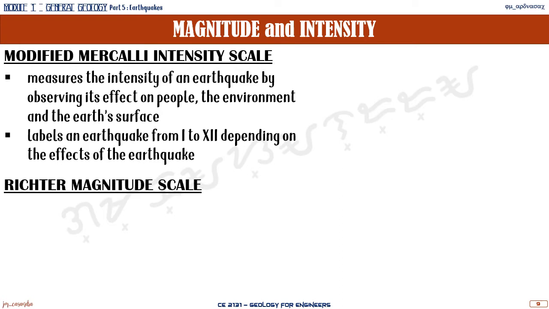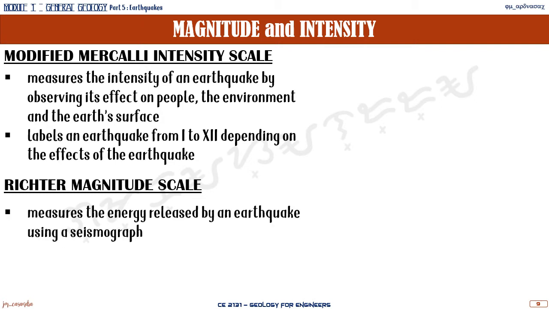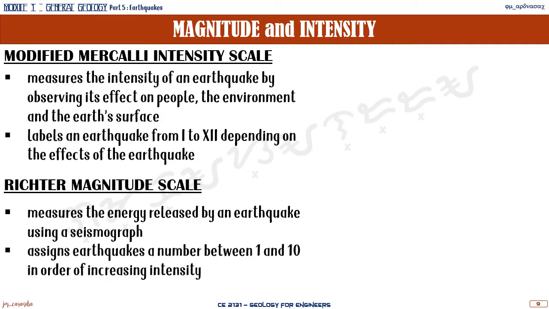And in regards to magnitude, we have the Richter magnitude scale. This one measures the energy that is released by an earthquake using a seismograph. The Richter magnitude scale assigns numbers from 1 to 10 in order of increasing release of energy.